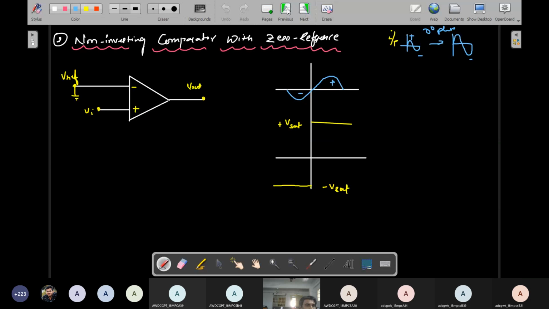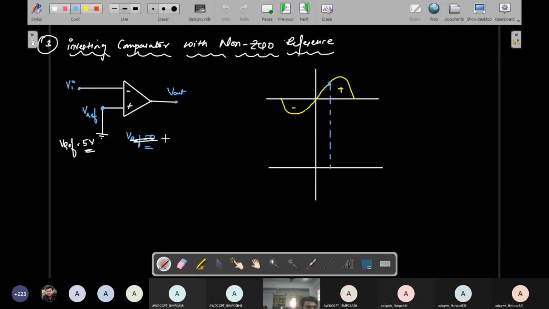In this situation, what will be happening? We are considering the reference voltage to be 5 volts. Suppose 5 volts is represented in this graph here. This is the input voltage Vi, and this is the output voltage Vo.